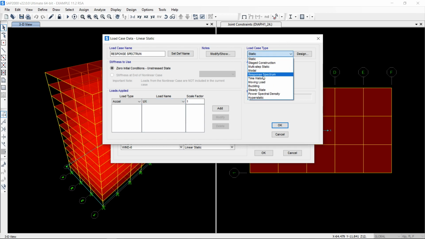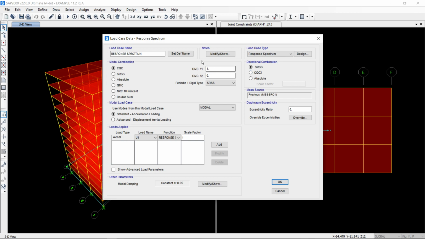Here we have to select response spectrum. Now we have to define the response spectrum. The design type is response spectrum, load case type will be response spectrum.